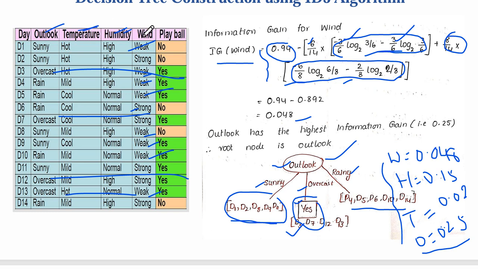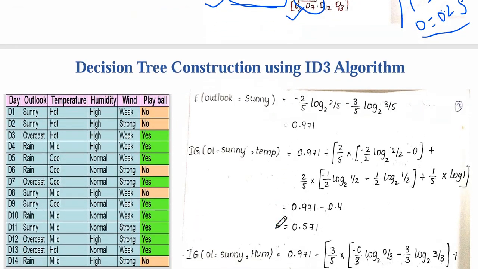Temperature, humidity and wind, by considering these 5 records only. Similarly, by considering the outlook equal rainy records, again we have to calculate the gain for temperature, humidity and wind. Let's see, you can easily understand.